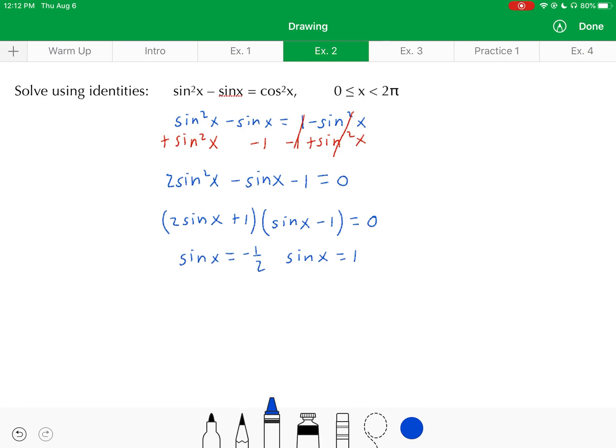Sine of x would equal negative 1/2 down in quadrants 3 and 4. That would be at 7 pi over 6 and 11 pi over 6. And then, of course, sine of x equals 1 again at pi over 2. Okay.